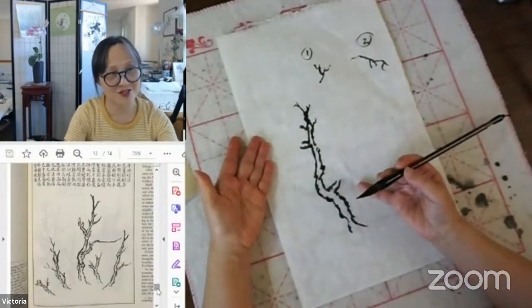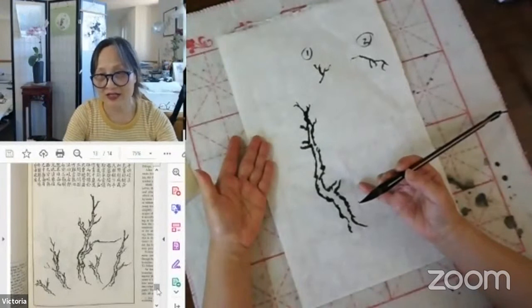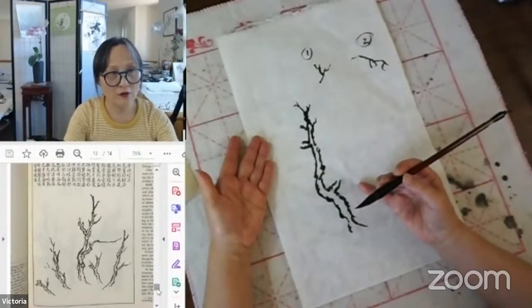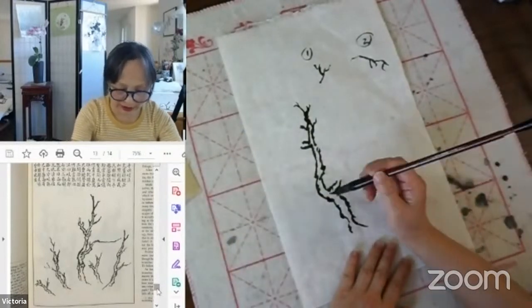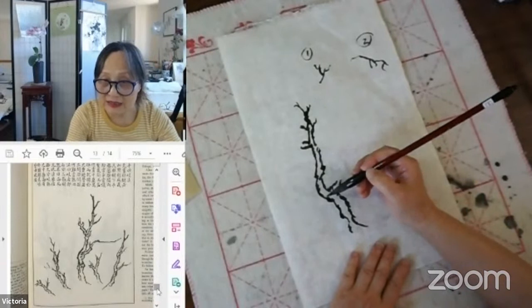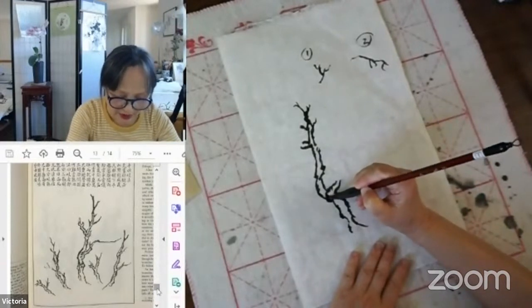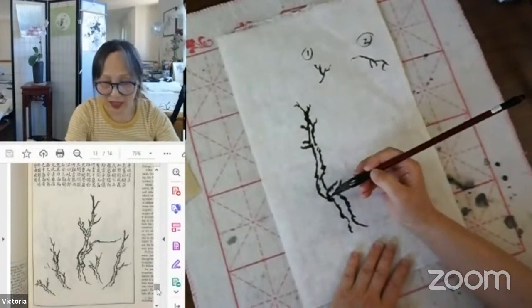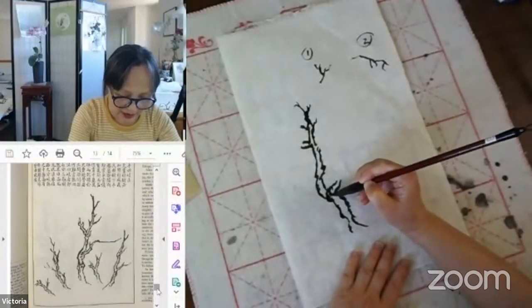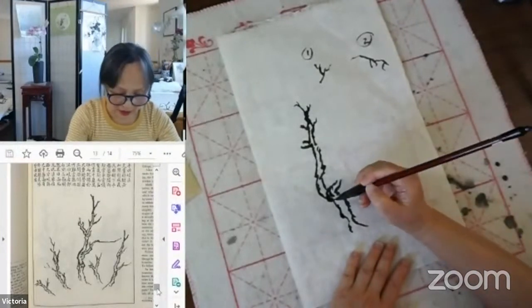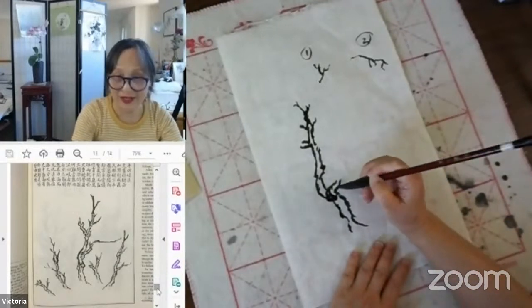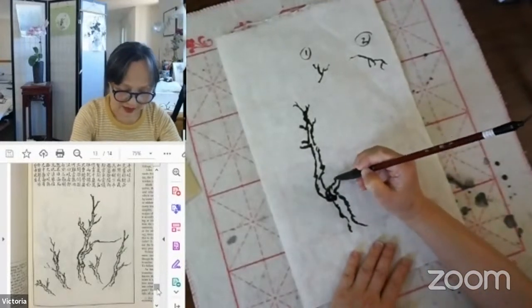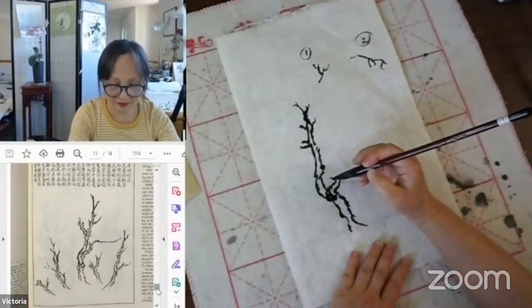That's easy to think of. But now we need to think about, for the single tree, how do we do back and front? Did you take a look? By adding some more strokes here to help this branch come a little bit in front, do you see that?